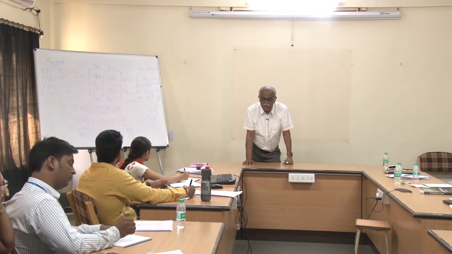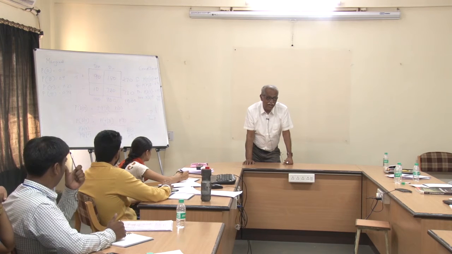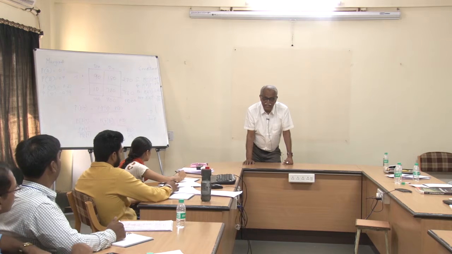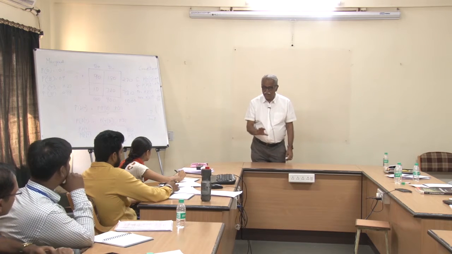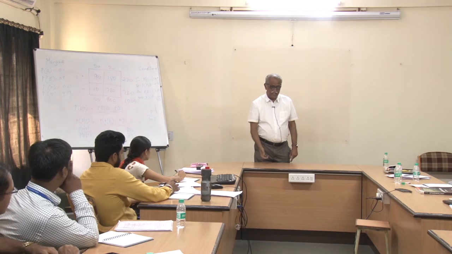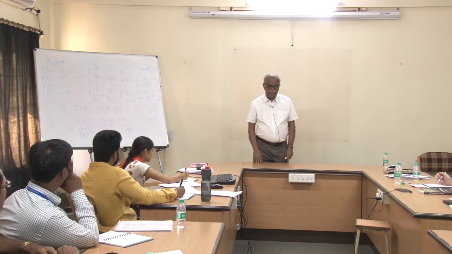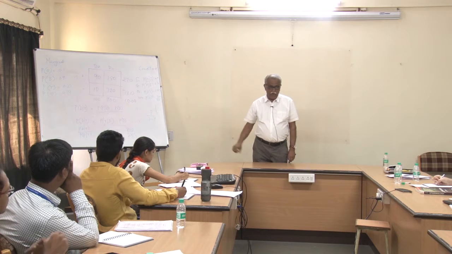The odds of getting a 6 is 1 by 5. Why that? One way you can get it, 5 ways you can't get it. Odds is a way of measuring chance, a legitimate way, but it is P divided by 1 minus P.